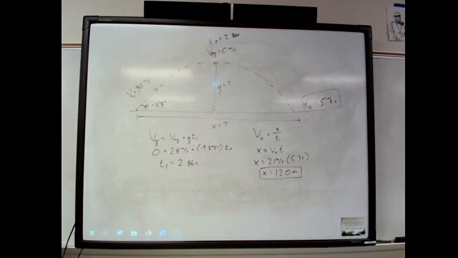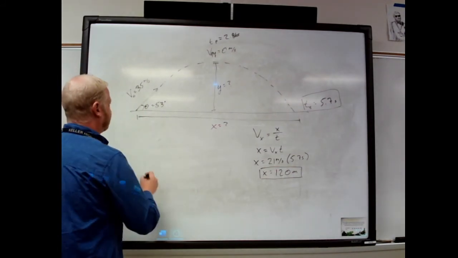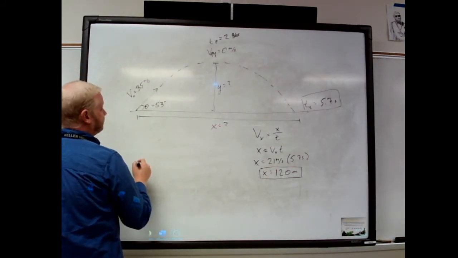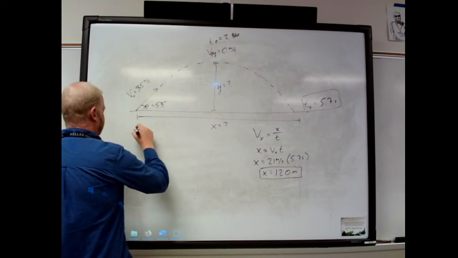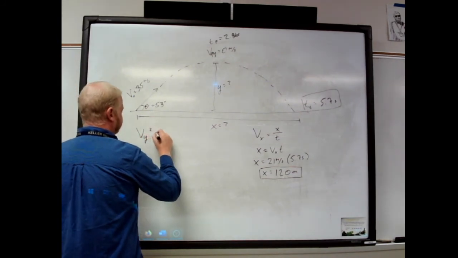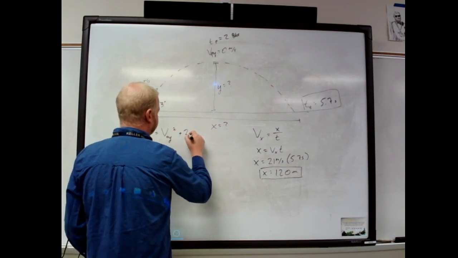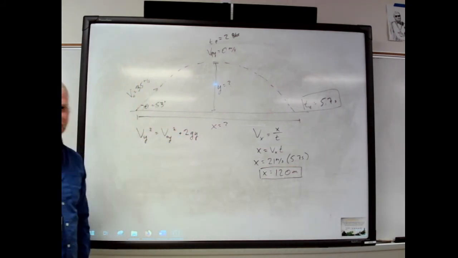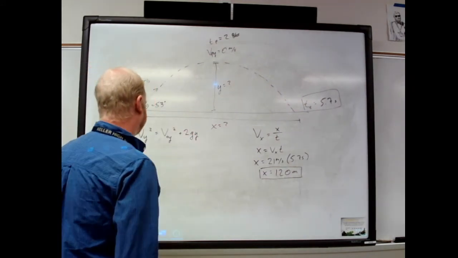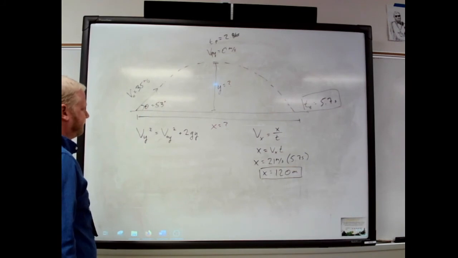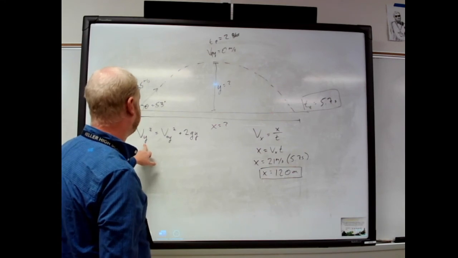Now let's find our maximum height. So we could use either one of two equations, but this one's probably easier. V final y squared equals initial y squared plus 2g times your vertical displacement. Alright, so again, we're treating this as our peak.